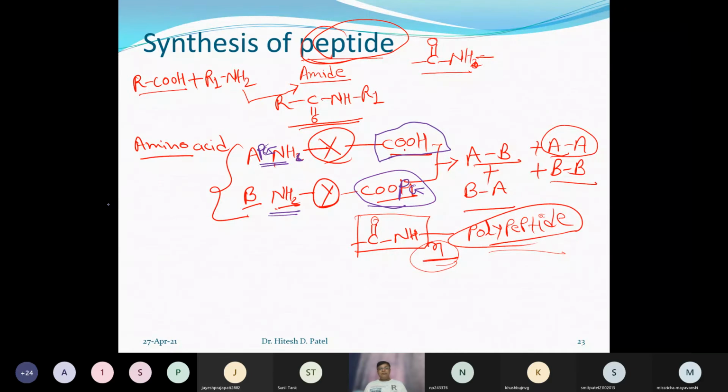So now if we protect the NH2 by a certain group and the carboxylic by a certain group, then only two sites will be open. So the reaction between these two will take place, and as a result, what will we get?